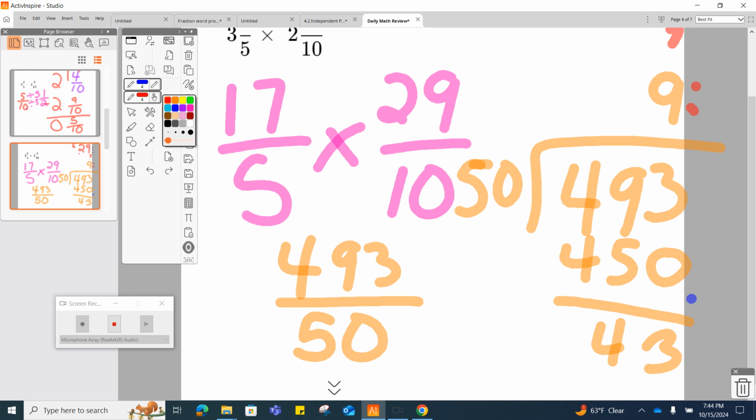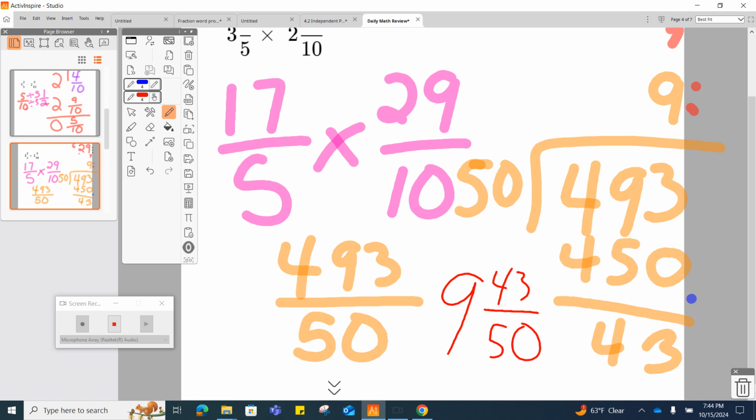I have 9 wholes. 50 went into 493 9 times. 43 were left down at the bottom. It's short division. I don't have to do zeros and bring it down because I am allowed to have a mixed number. So it's 9 and 43 fiftieths.